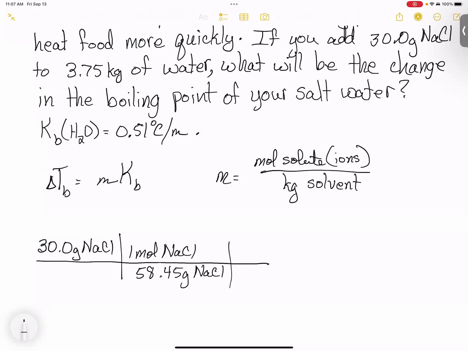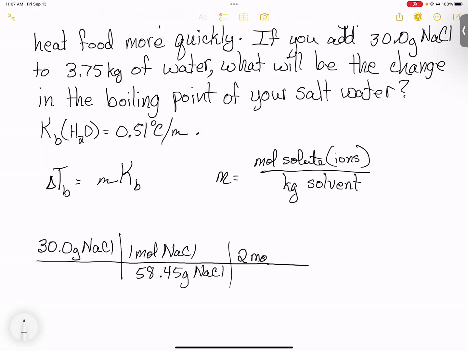Now, sodium chloride, if you look at solubility tables, halides are soluble, except for lead 2, mercury 2, 2+, or silver. Since this is not one of those, this halide is soluble, meaning that it's going to dissociate into its ions.